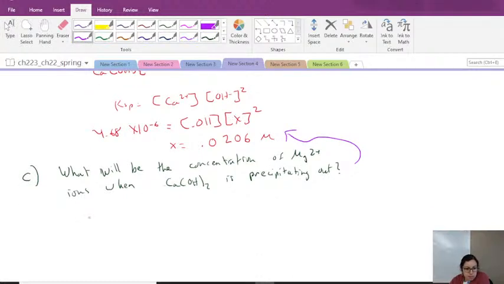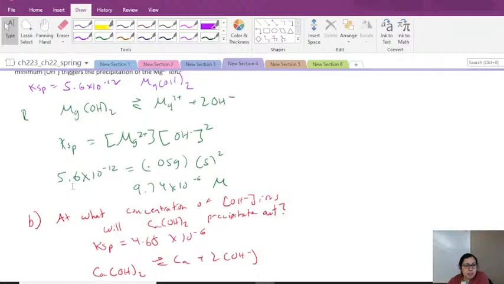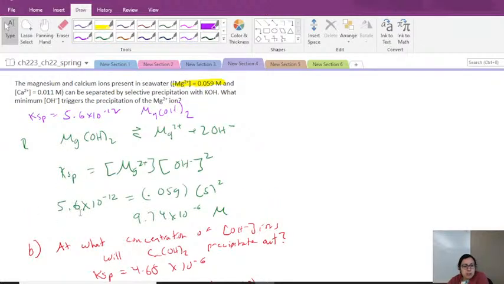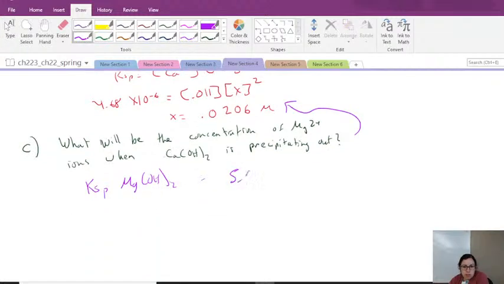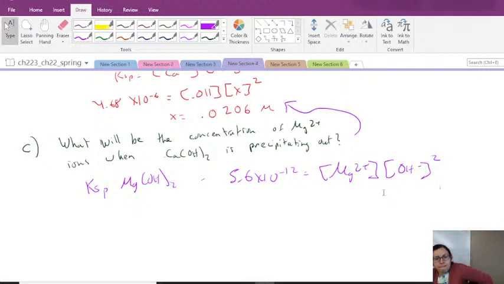Let's write that down. We have our KSP for magnesium hydroxide, which we said was 5.6 times 10 to the negative 12, equal to magnesium concentration times hydroxide squared. We want to know, by the time we're precipitating out our calcium, how much magnesium is left in solution?